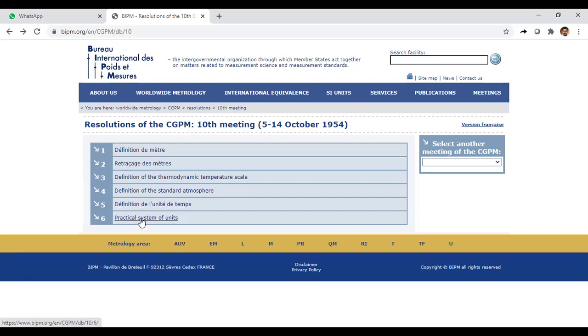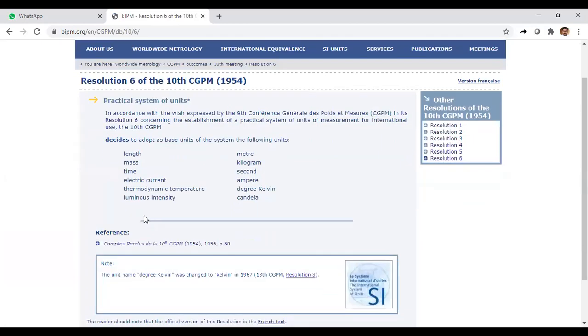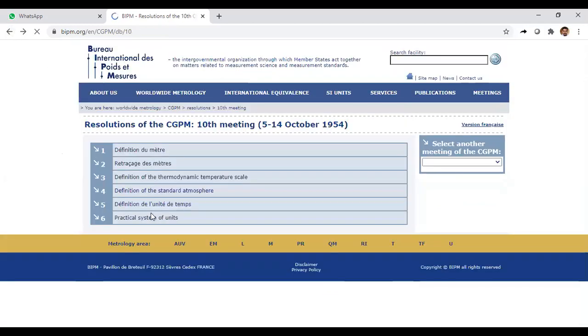Resolution 6 is the practical system of units: length is measured in meters, mass in kilograms, time in seconds, electric current in amperes, temperature in degree kelvins, and luminous intensity in candela.